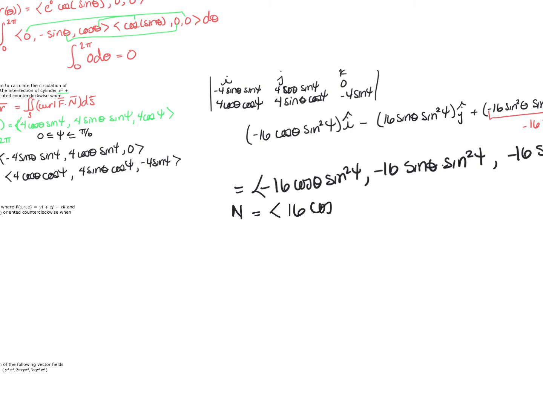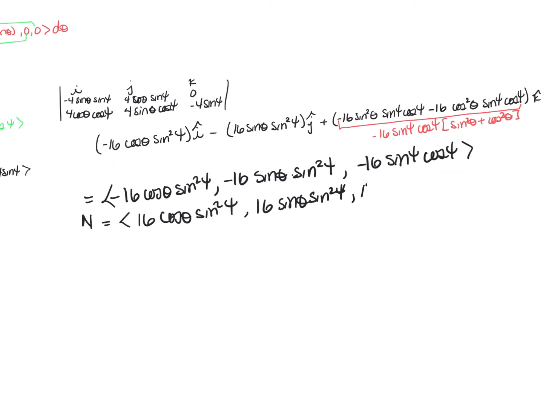So 16, the cosine of theta, the sine squared of phi, and then 16, the sine of theta, the sine squared of phi, and then 16, the sine of phi, the cosine of phi. All right, so that's my normal vector.